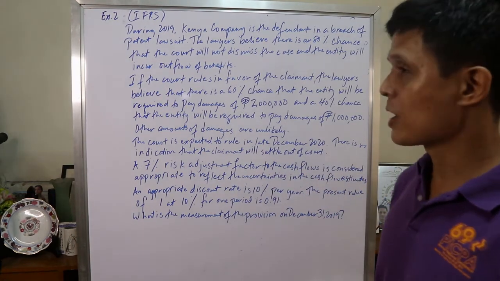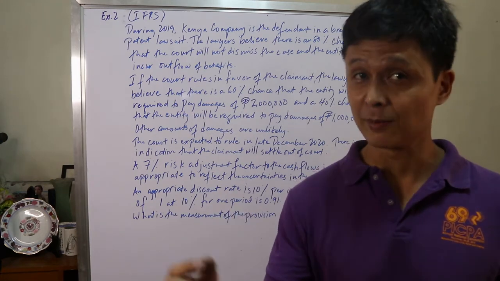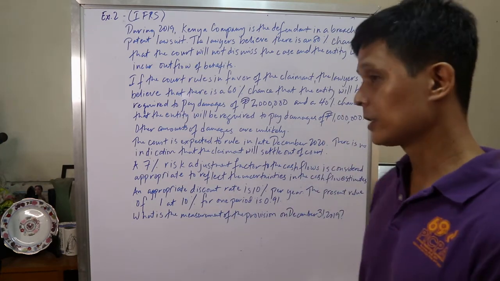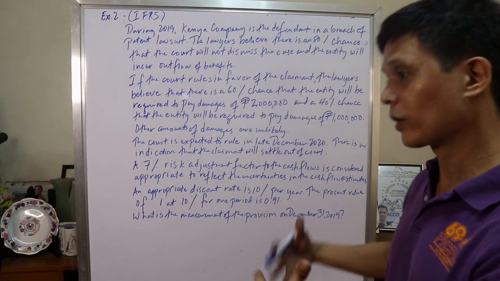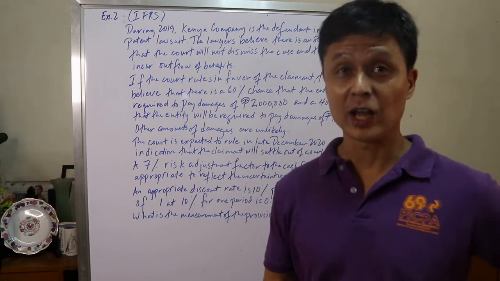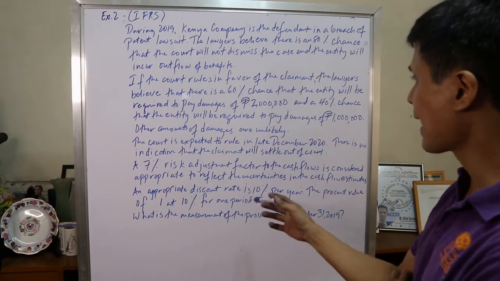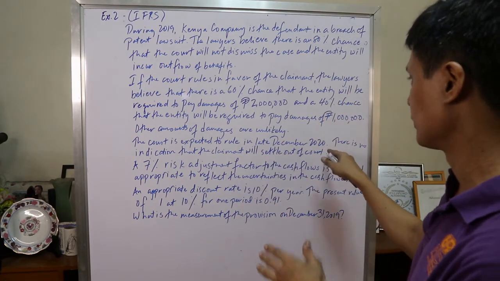Pero meron na tayong measure na natin yung liability, no? And there's already a present obligation and there is an outflow of economic benefits, no? So pwede na natin siya i-accrue kahit na wala pang desisyon.